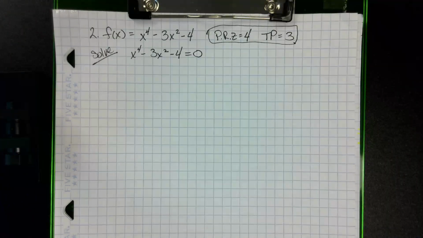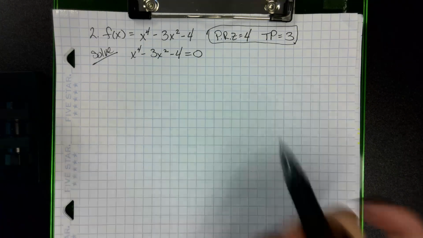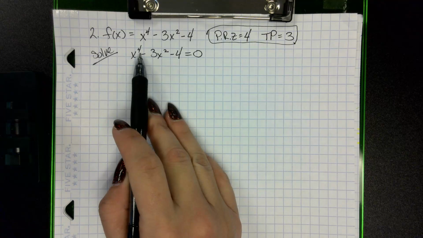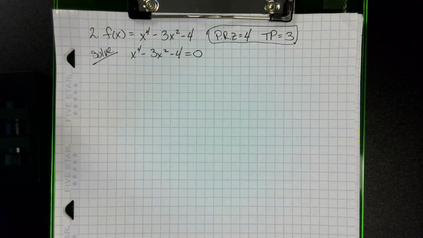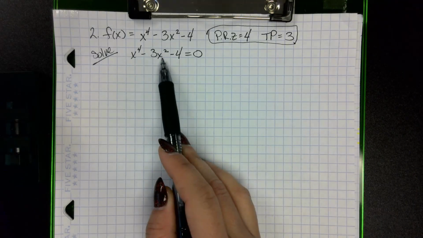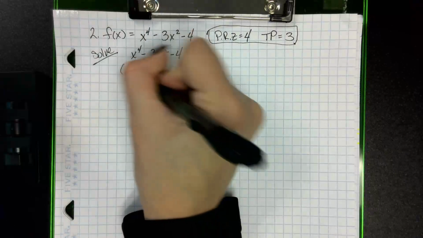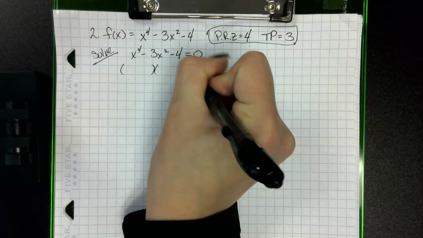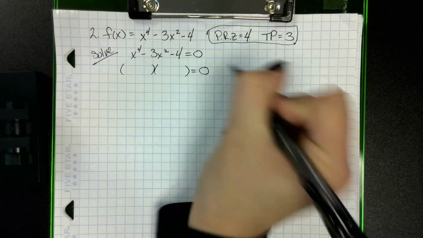So first we look for a GCF. There is not a greatest common factor here. None of them have anything in common. So we're just going to factor it. Some people might worry that we have an x to the 4th power. It's not x squared. But when it's x squared, like the last example we just did, and the middle term is x to the 1st power, what I did was I set up 2 sets of parentheses, one for each factor.